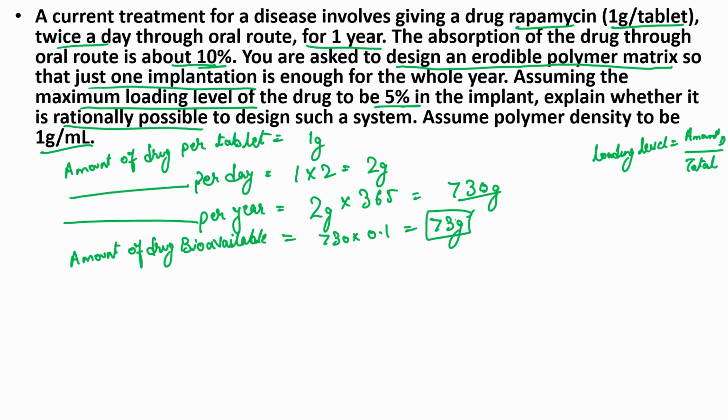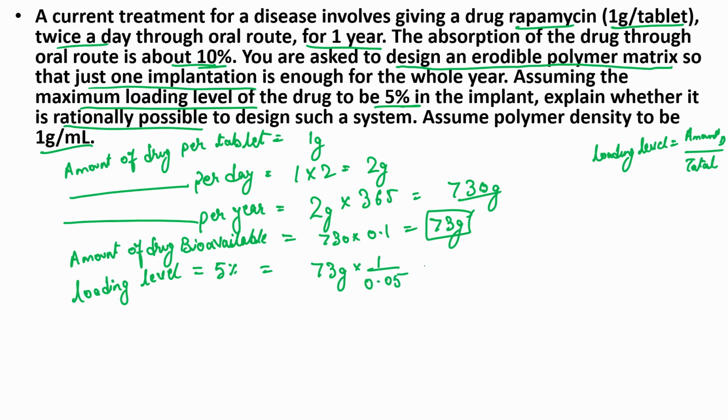Okay. So, now having done that, we know that the maximum loading level we can achieve is 5%, which means that if I want 5% of the drug, then I need to have the rest as polymer. So, then what is the total amount of implant that we need to put in? That will be nothing but 73 gram is what we want to put in, divided by 0.05.